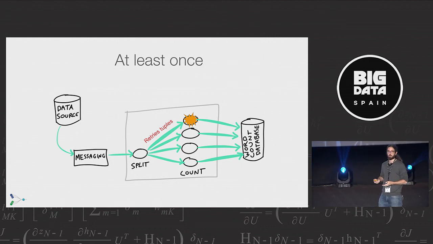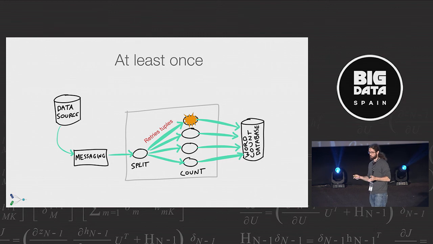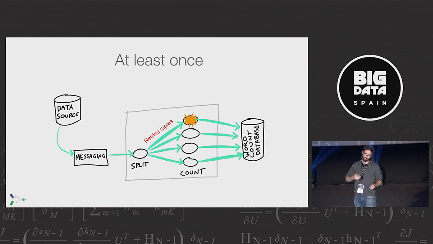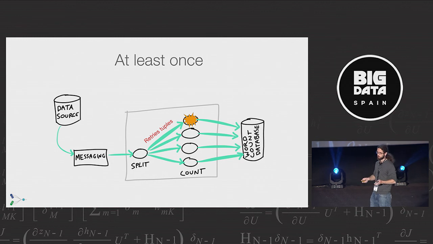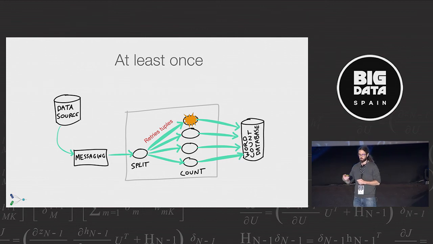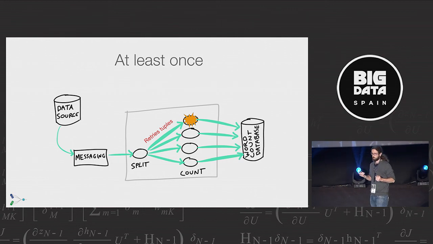If the split node never gets an acknowledgement for some words, it will try and resend them after a while. Of course, there's no guarantee that the acknowledgement will actually get back to the split node, because we don't acknowledge our acknowledgements. You could keep going forever there. So it is possible that the split node will retransmit words which have already been counted, and this is why it's at least once. At least once, you may count a word 100 times.